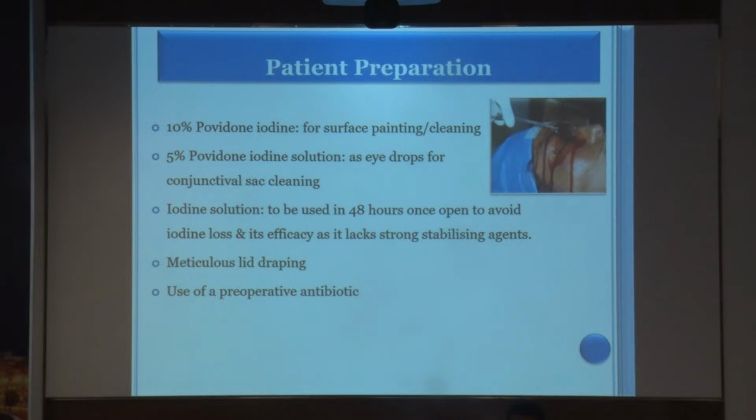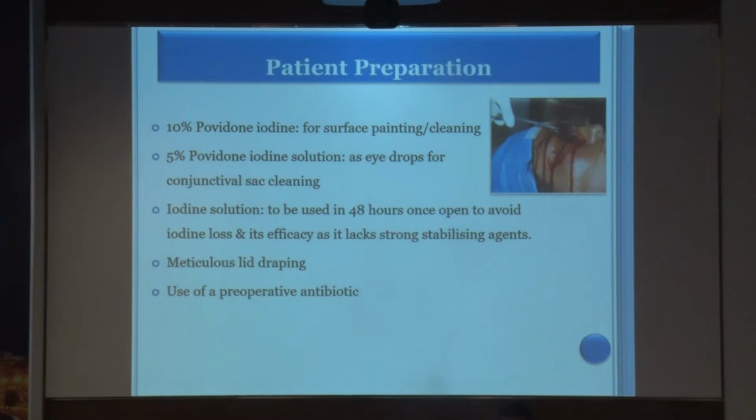You do it once, wash it, and then after 10 minutes you take the patient to OR, put 5% povidone iodine again, keep it for 1 minute, remove it and then start the surgery. So double contact reduces the organisms further.